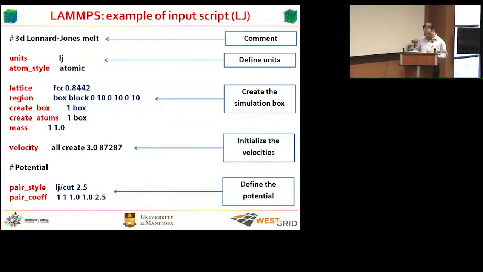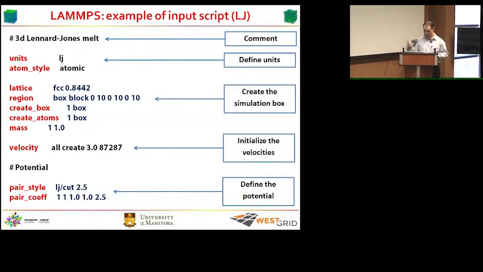And the most important is the potential. For example, to add the potential in LAMMPS, it starts with the pair style. That tells the program which style to use. For example, Lennard-Jones, embedded atom potential, or many others. Then you have to specify the parameters, the coefficients.